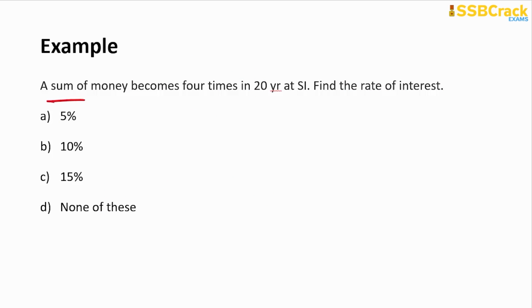A sum of money becomes 4 times, understand, see 4 times, what is this 4? It's the n value, and it is the sum of money becoming 4 times in a time period of 20 years. Okay, here the time period is given to be 20 years.